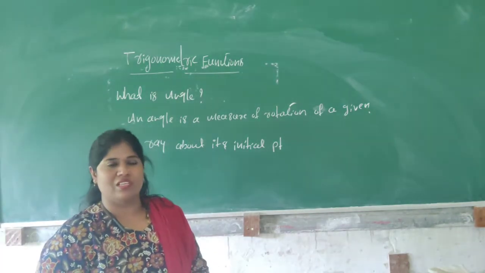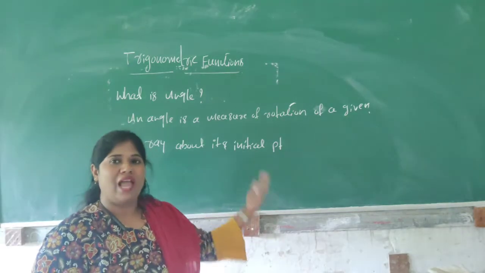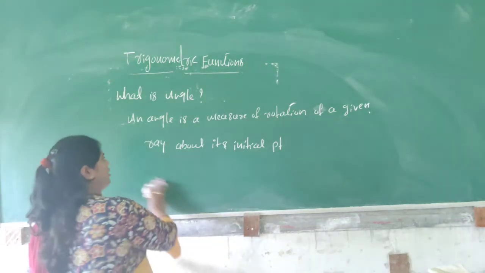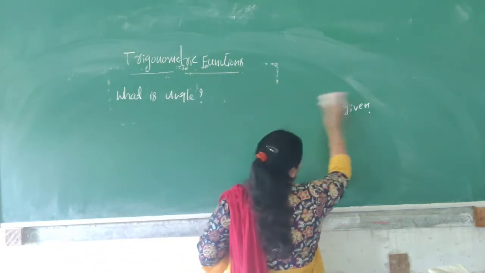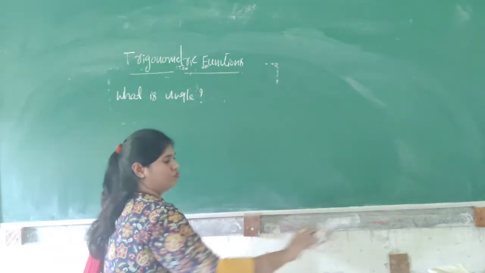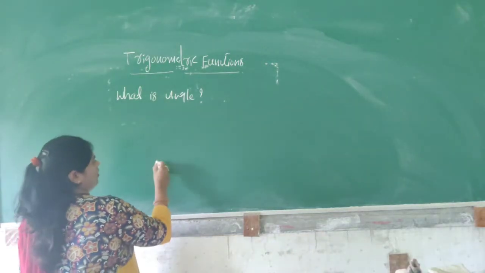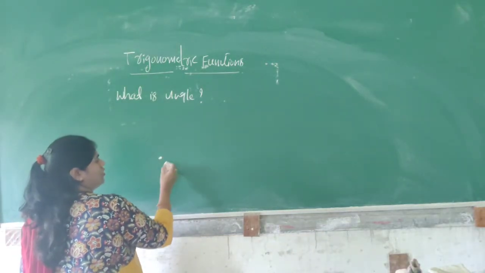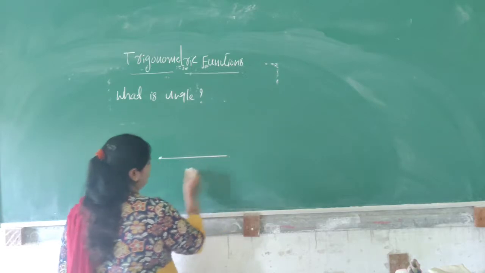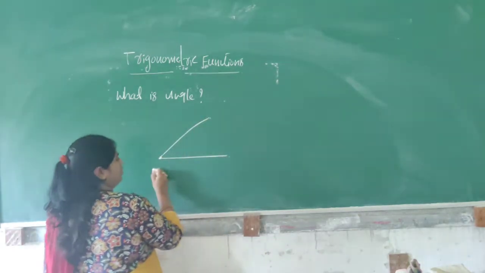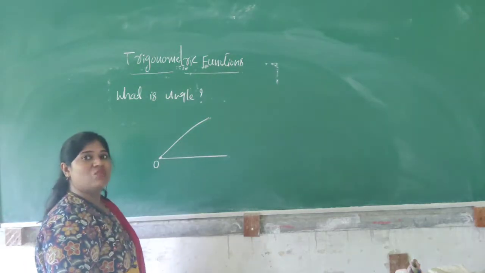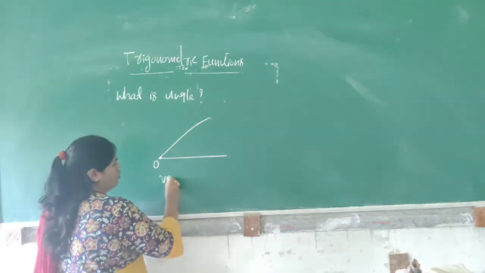We will illustrate with an example how the angle is going to be rotated. We consider the point, this one is the origin. Make a line from this to here. This one is O, that is the vertex.